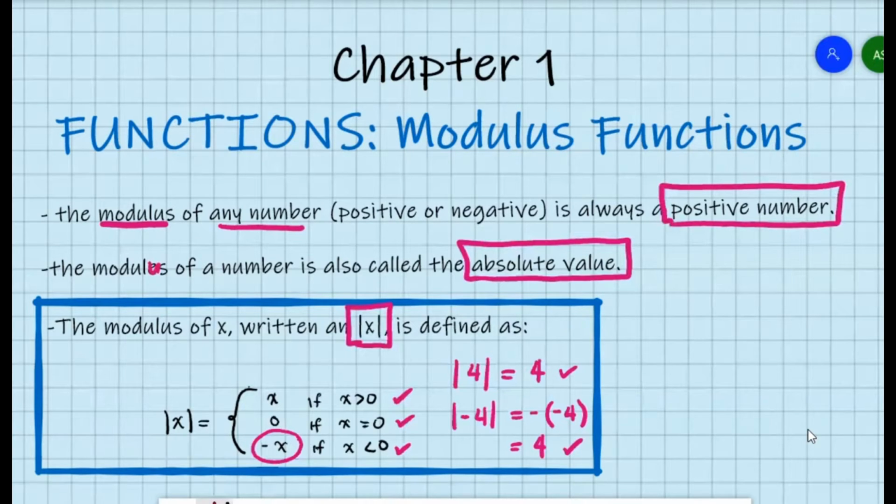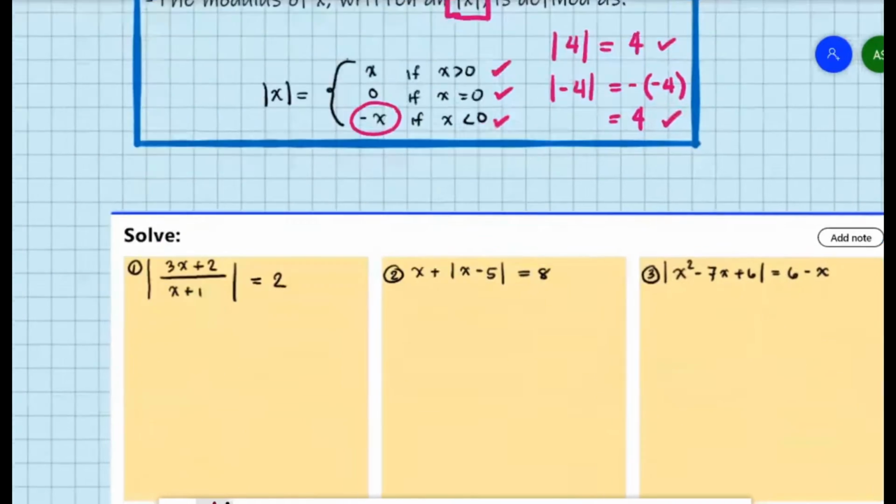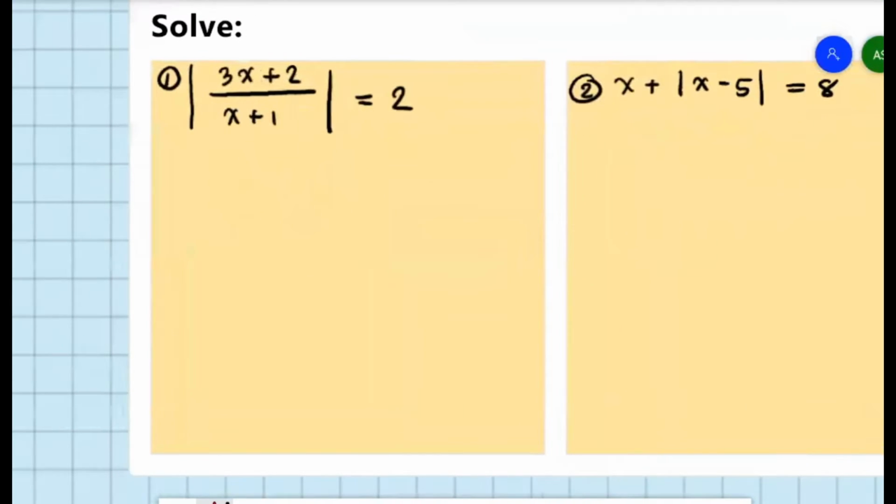Now, if we apply this to solving equations involving modulus functions, let's say, for example, in question number 1, you are trying to solve the modulus of 3x plus 2 all over x plus 1 is equal to 2. Again, take note that earlier we said if we take the modulus of a number, it is always a positive number.